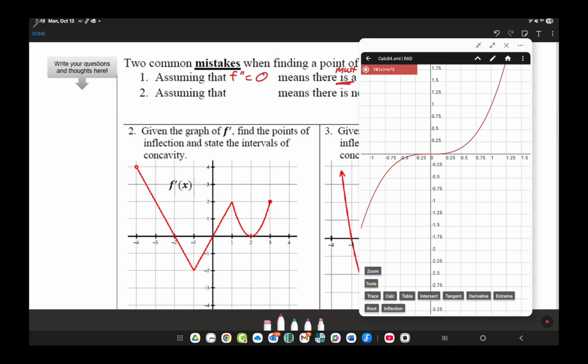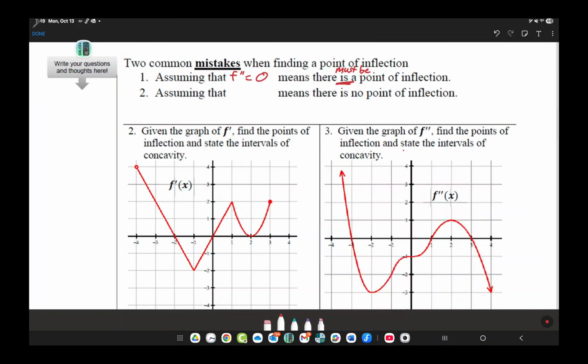In fact, it is a point of inflection. So the same reasoning, just because the second derivative is 0 does not mean it must be a point of inflection. That's why you have to do the test to show that the second derivative changes signs before and after that point. The whole reason of the test. All right. Another mistake we'll make is assuming that f double prime not existing means there is no point of inflection.